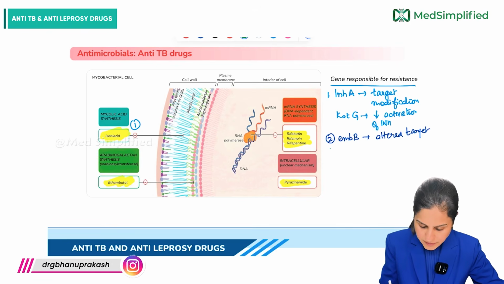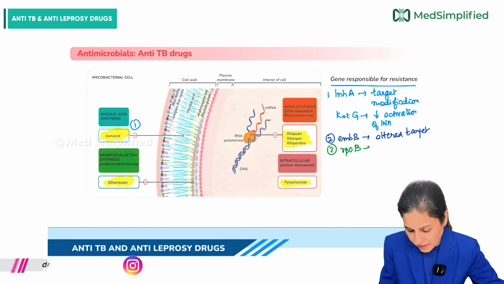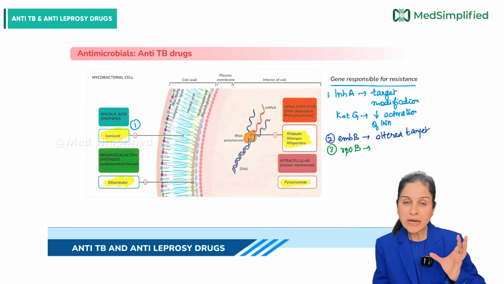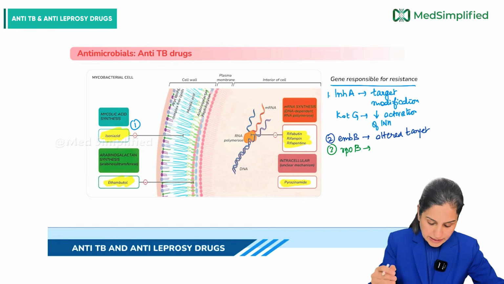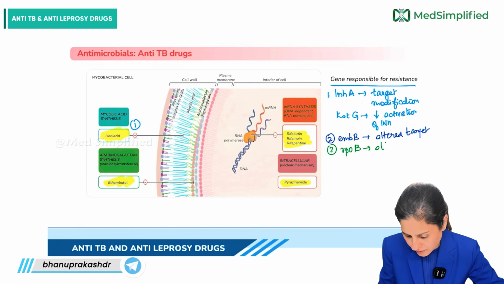Third we have rifampicin, and in this we have the RPOB gene, which causes alteration in the target site of RNA polymerase. So it alters RNA polymerase.